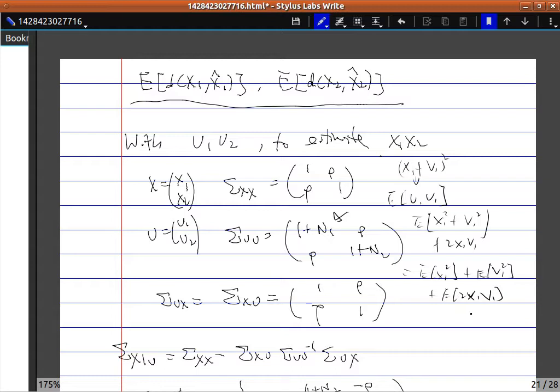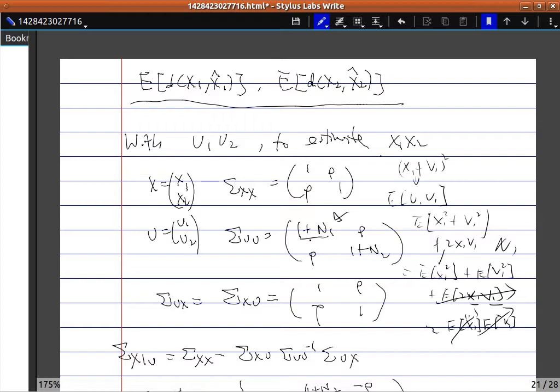For the last term, because x1 and v1 are independent, this will be equal to expectation of x1 times expectation of v1 times 2. Of course this is zero mean, so this term is gone. Expectation of x1 squared is equal to 1, expectation of v1 squared is equal to m1, and we get that.